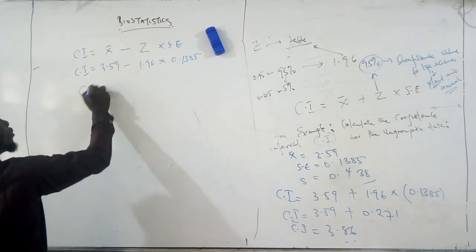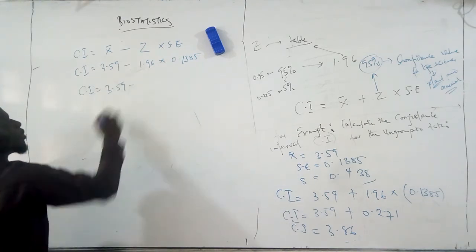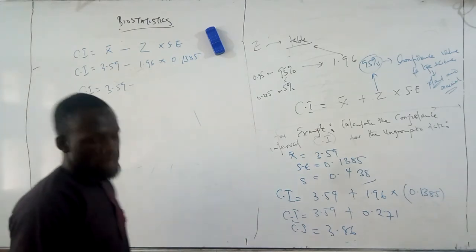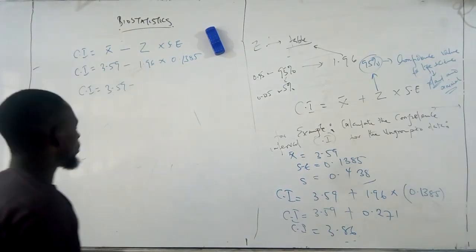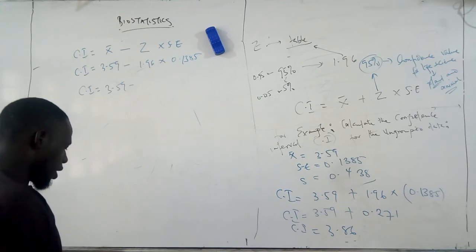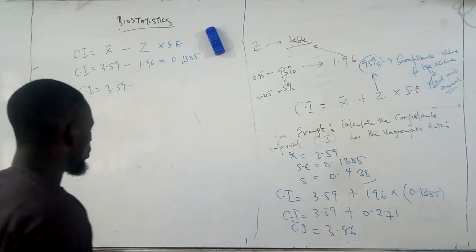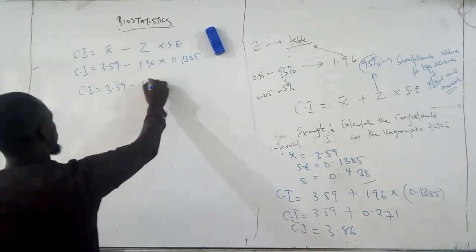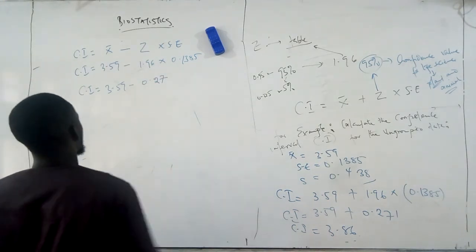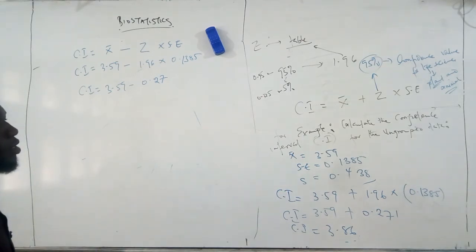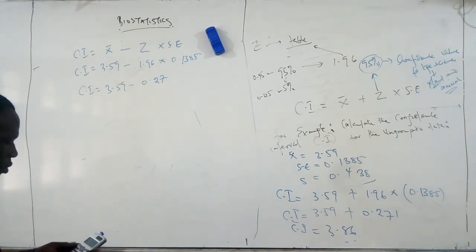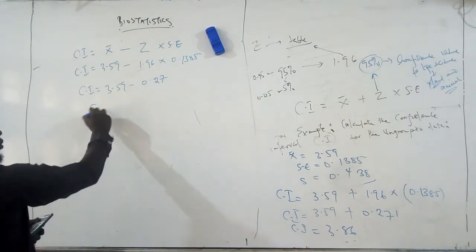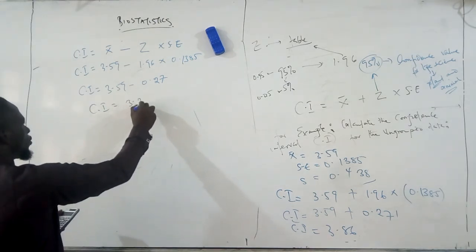So you are going to have CI equals 3.59 minus 1.96 times 0.1385, we have 0.27. So you have 3.59 minus 0.27. We are going to have our confidence interval here of 3.32.